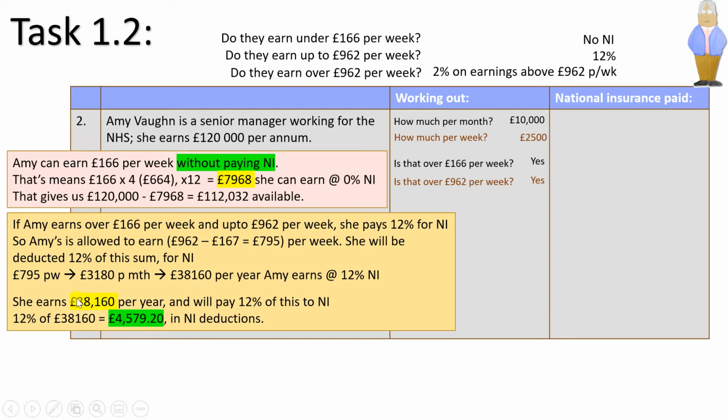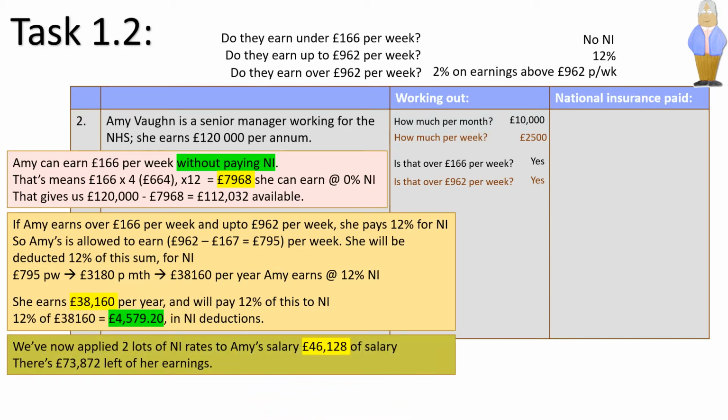So if we just pause a second and review what we've done so far. For the first slice of her salary, £7,968, she is at 0% national insurance. She pays no national insurance. For the second slice of her salary, £38,160 per year, that is the sum between £166 and £962 per week, then she pays a 12% deduction, and 12% of 38,160 is £4,579.20.